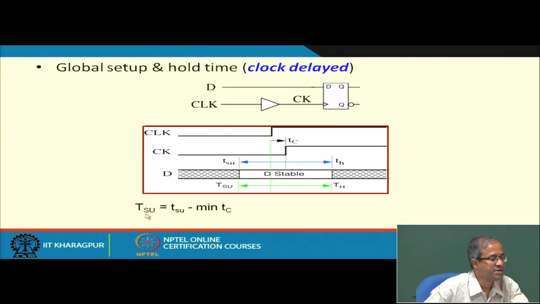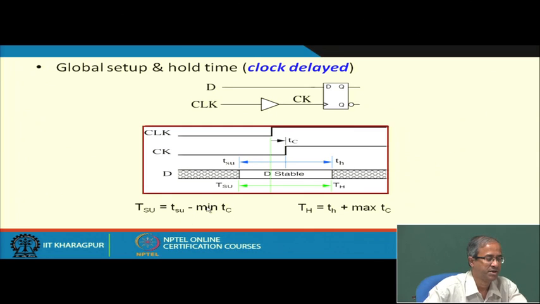So, the constraint will be TSU minus Tc, that is TSU of the clock edge minus this minimum, and see, anything going in the minus direction you will have to take the minimum, anything going in the plus direction you have to take the maximum, because for a general combinational circuit the delays can vary.